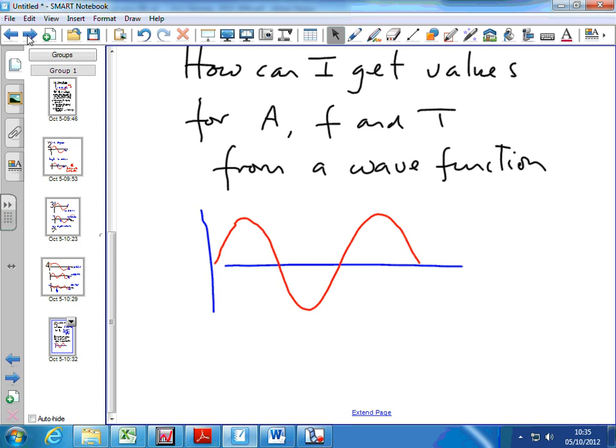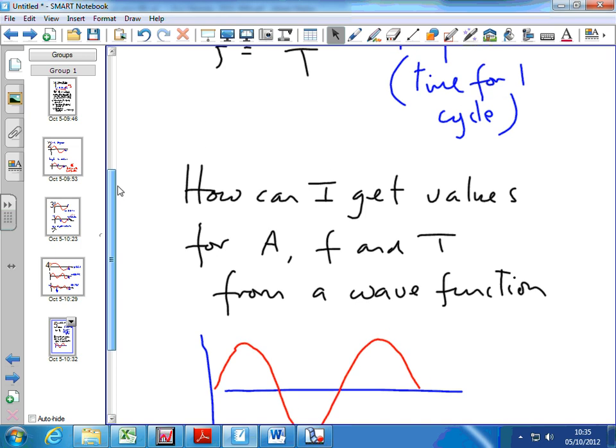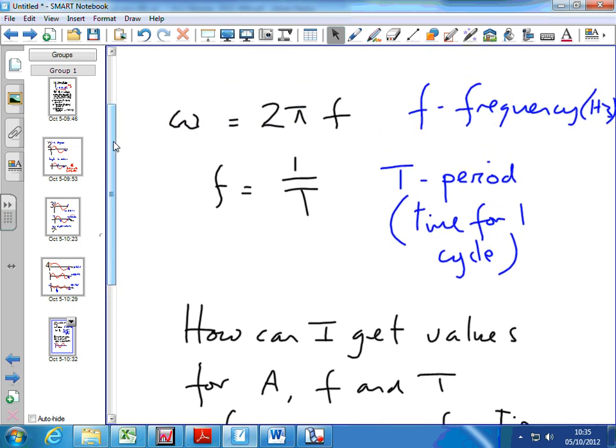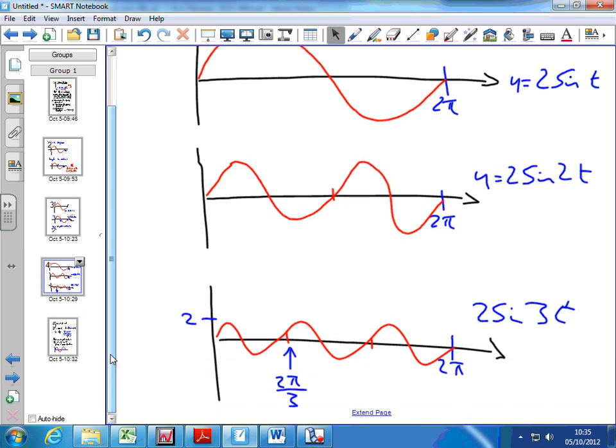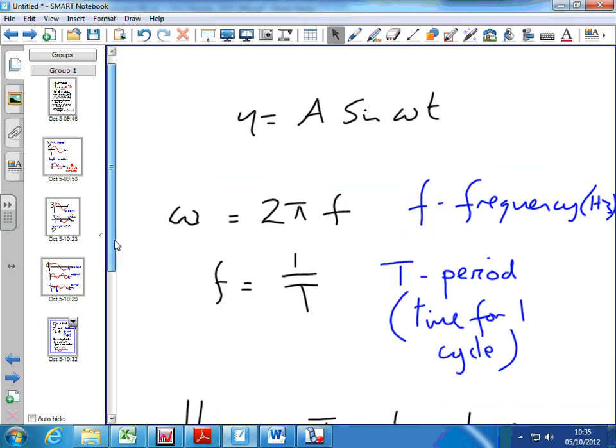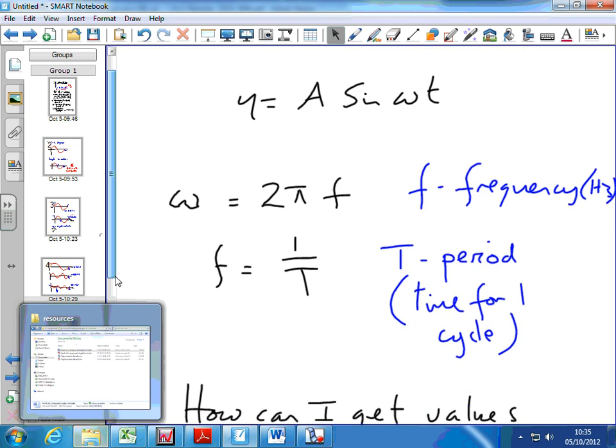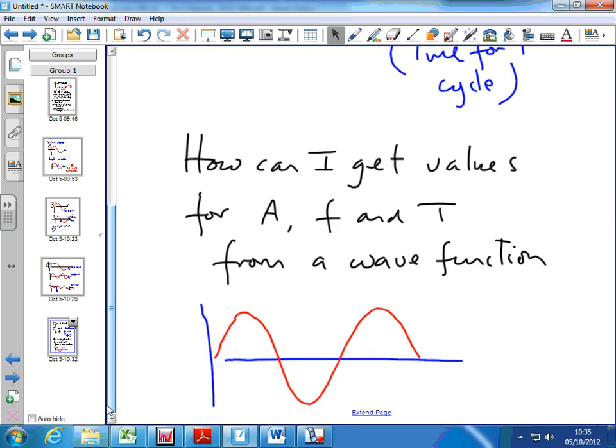How would you get it from that curve, from the point of view of those equations and our knowledge so far? Okay, so I'm going to give you 5 or 10 minutes just to think about how you might come up with those values, A, f and T, from a wave. And then if you think you know, try it, okay? Try and confirm it by looking at your wave.